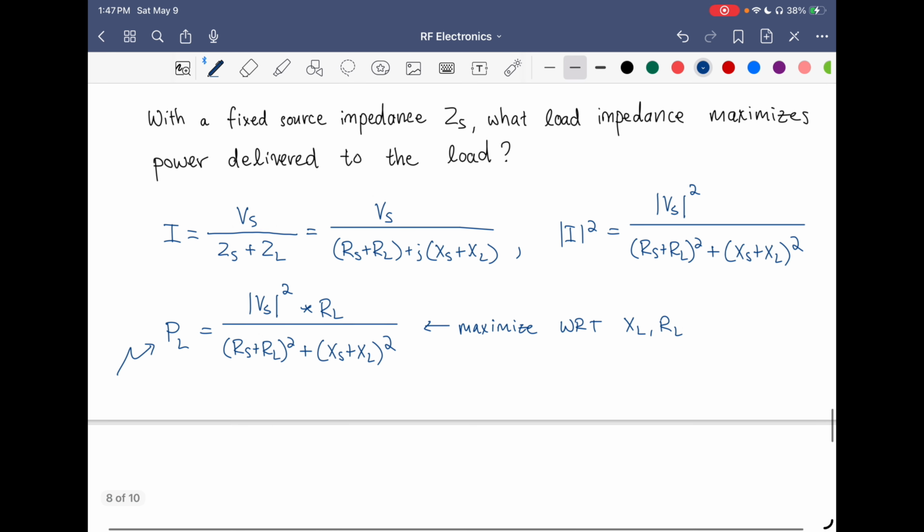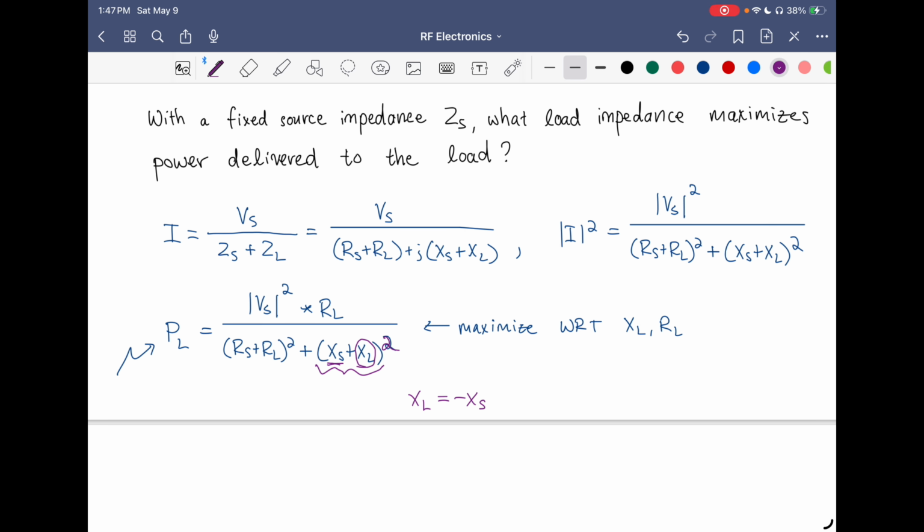So we can see that XL only appears in one location, and that's in the denominator. So to make PL as high as possible, we want to make the denominator as low as possible. Therefore, we want to minimize this term. To minimize this term, since this is under a squaring function, we want to set XL equal to negative XS.